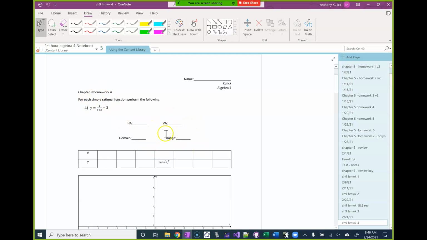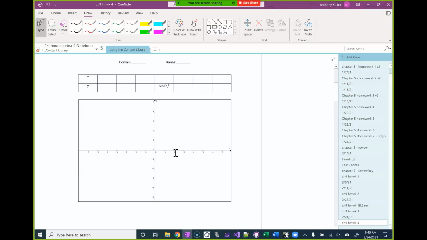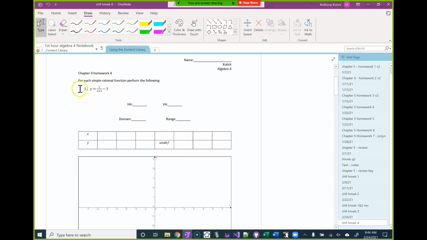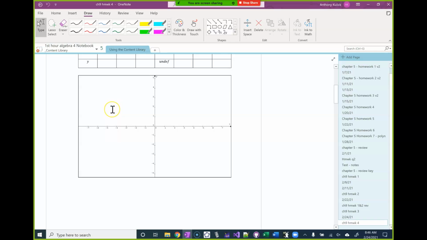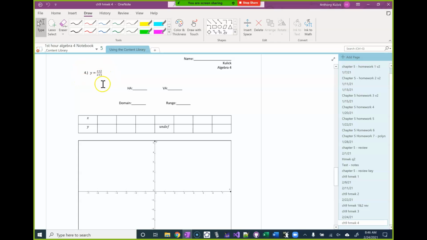Yes, sir. Why would you have two different forms? Is one way easier or harder? No, it depends on the form of the problem that you're given, right? So this problem is written in that first form. But technically, something written in this form is still also a simple rational function, because if you go back to this previous one and make a common denominator and add those two fractions, you're left with a polynomial that's degree 1 or less over a polynomial of degree 1, which fits our definition.